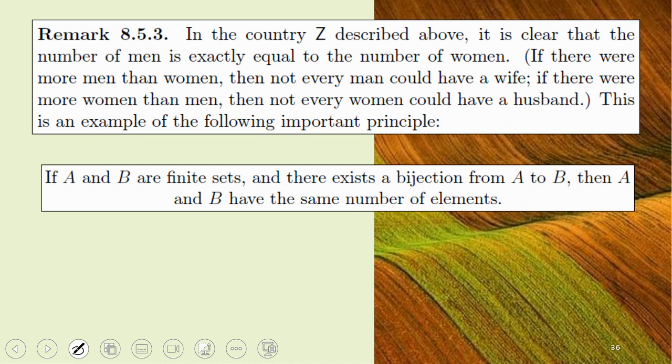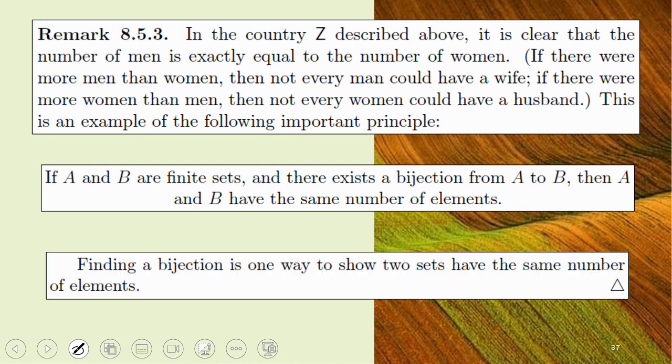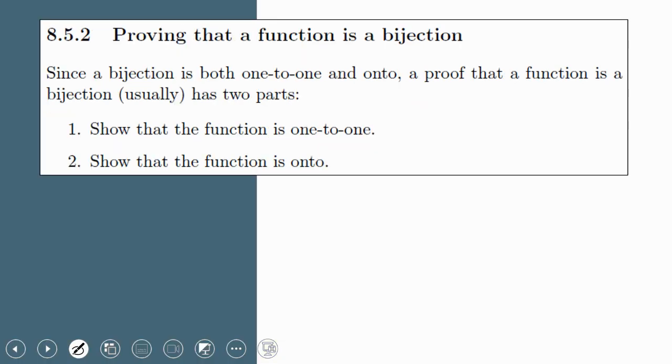If A and B are finite sets, and there exists a bijection from A to B, then A and B have the same number of elements. Finding a bijection is one way to show two sets have the same number of elements.